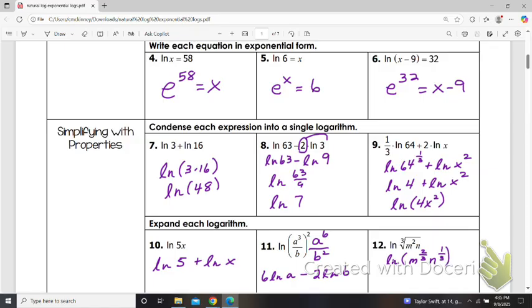And now we're going to expand that, so they're each going to get their own natural log, and exponents will come to the front. So 2/3 the natural log of m, plus, because it's multiplication, 1/3 the natural log of n, both with their own natural log.